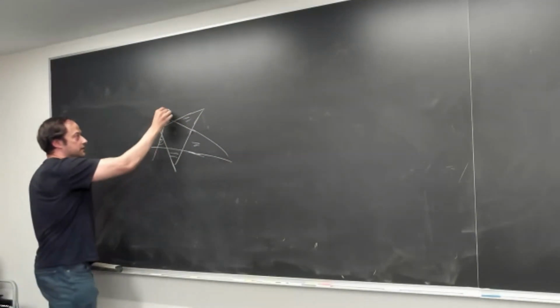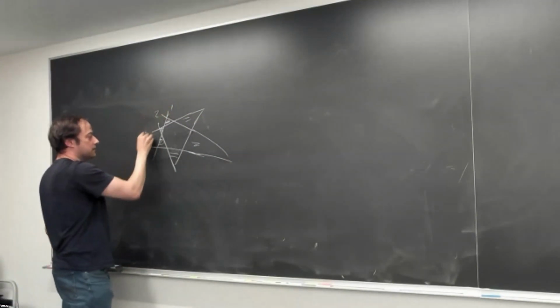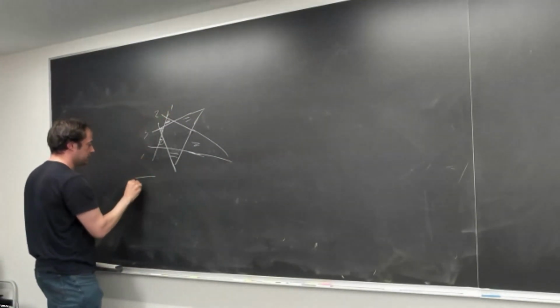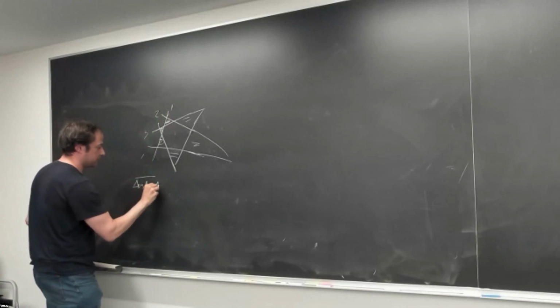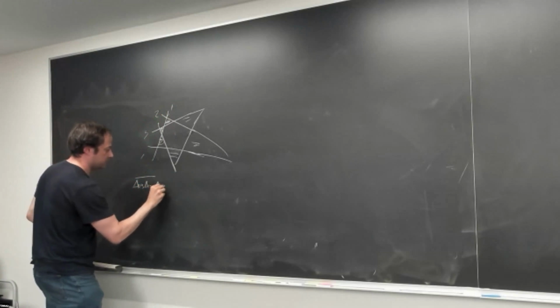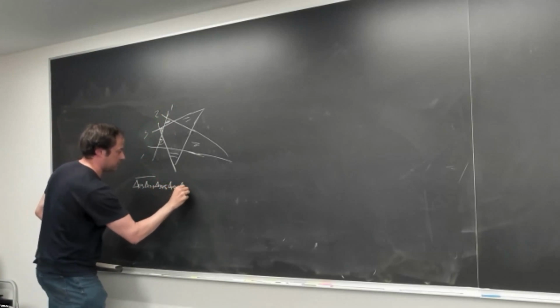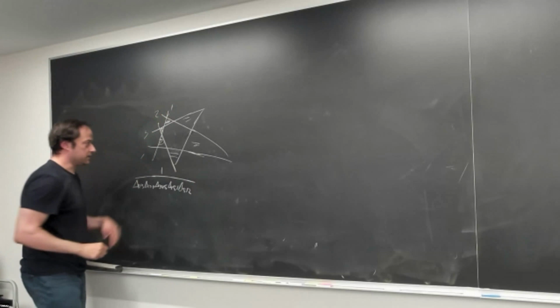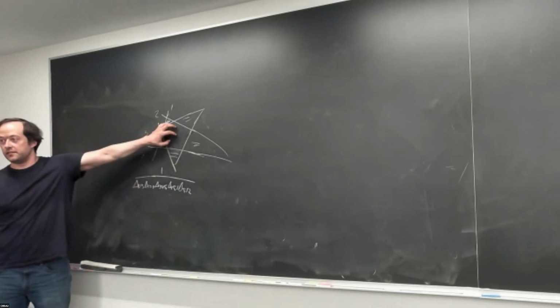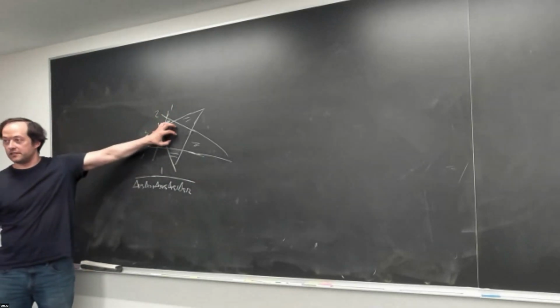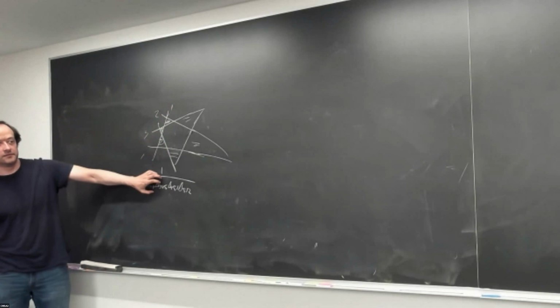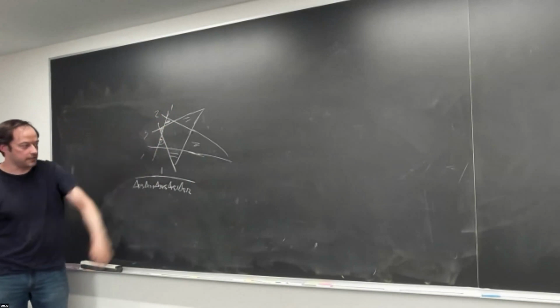We label these 1, 2, 3, whatever, and in this case we get 2, 3, 4, 3, 4, 5. This diagram represents a point in the interior of the positive Grassmannian, because it's a nice convex pentagon.